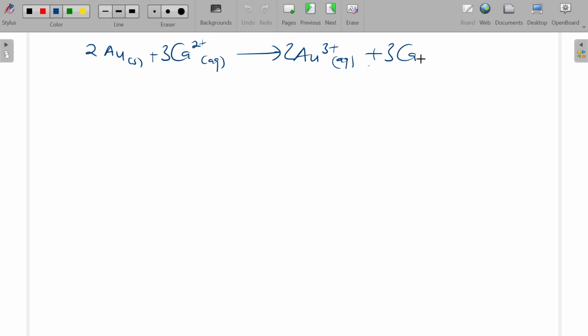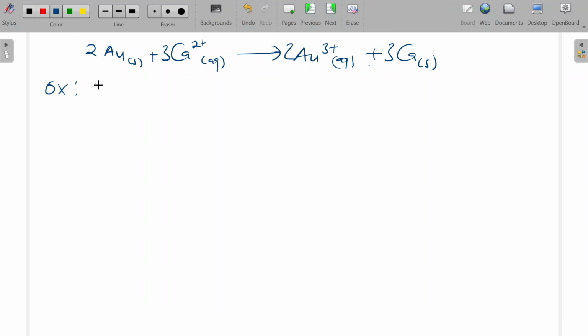All right, like that. So the first thing we need to do is to identify which one is undergoing oxidation. Of the 2, which one is undergoing oxidation? Calcium? No. Gold. Yes, it's gold.